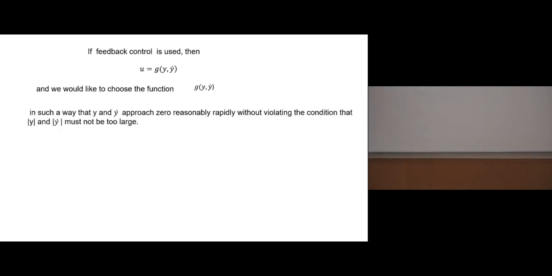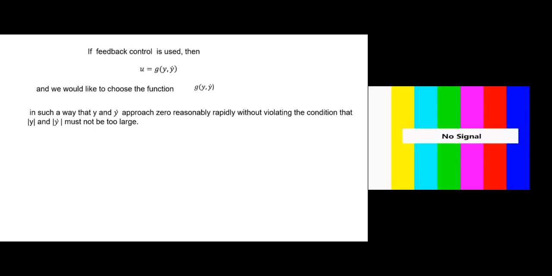So we want to choose the function or the control input in such a way that the position and also the speed approach 0 reasonably fast without violating the condition that the magnitude must not be too large. Okay. I want to make it fast, but also the value should not be too large because, remember, if you want to make the position go very fast to 0, the speed will be large, right? So you have to have a kind of balance.